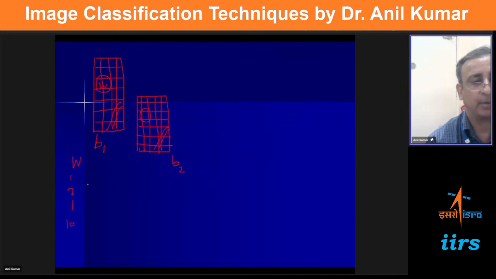Suppose we take 10 pixels, and their values on x1 and x2. On band 1, we are getting a few values. Suppose 10, 20, here 11, 25. Like this, the value is coming here 9 and 22. So here we are getting pixel values, and we can calculate the mean.